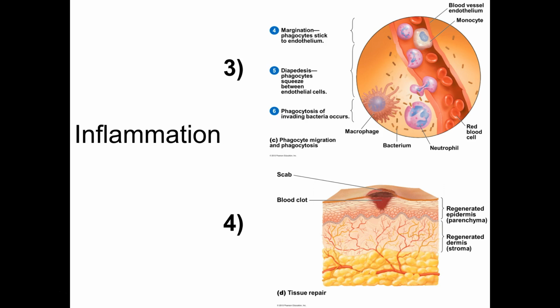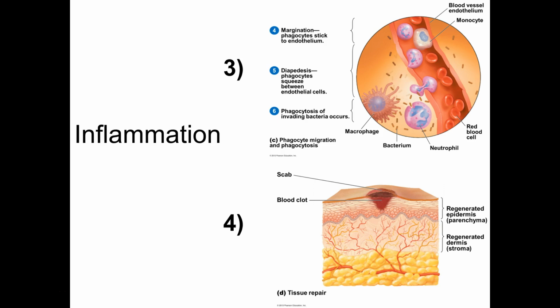We call that margination. They grab the white blood cells when they get to their destination, the area of damage. From there, the white blood cells will then squeeze between those dilated blood vessels. We call that diapedesis.